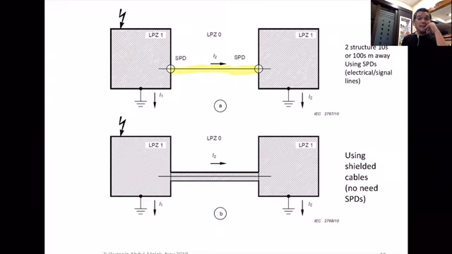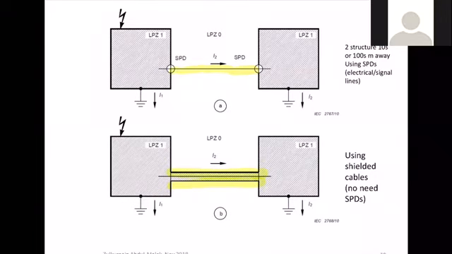Or instead of using SPD, you can use a shielded line. The shielded line means the line that connects between zone 1 on the left and zone 1 on the right is within a conduit which is also zone 1. So that's okay. That means there is no way a strike can directly happen to the line, but only to the shield of the line, as shown there.